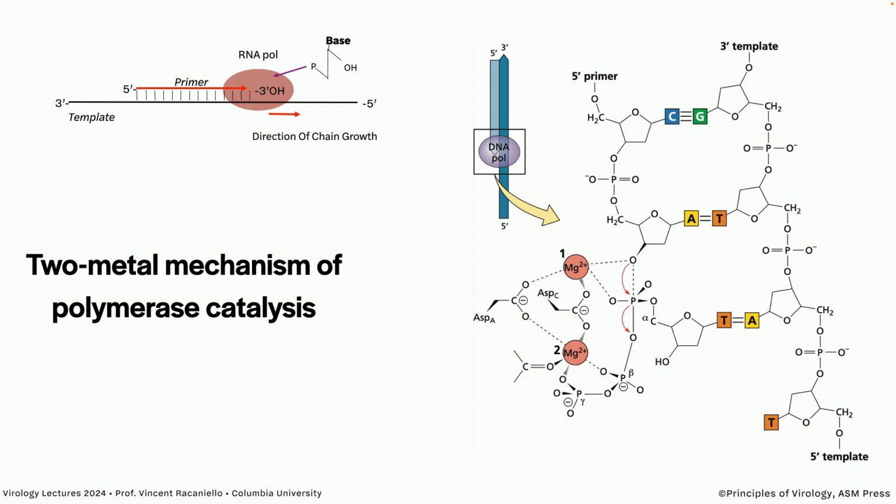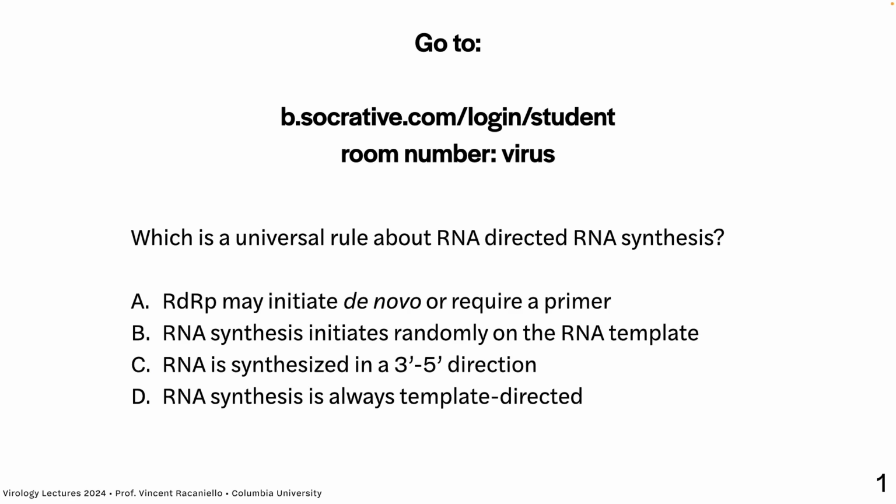And all of that is coordinated by these 2 magnesiums, which you can see are forming non-covalent interactions with the oxygens here, 1, 2, 3, 4. So the magnesiums hold these bases into place so that this catalysis can happen. And of course, the polymerase helps this catalysis proceed by lowering the energy requirement. So that's the two-metal mechanism, and we'll see how this actually works physically today when we look at the structures.